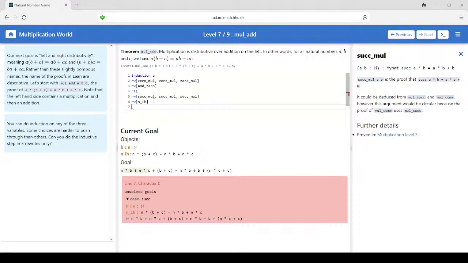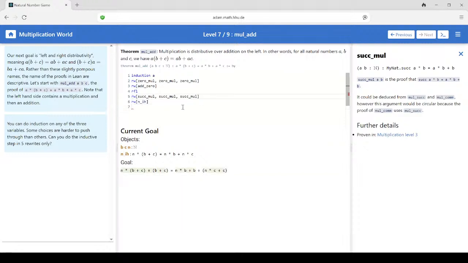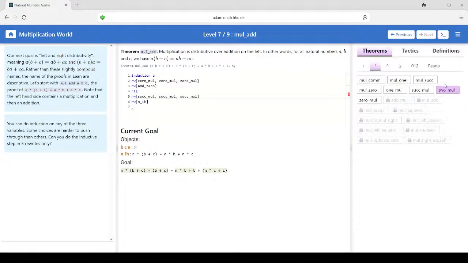I got to the point where I could use this, so that feels like I'm on the right track. But now I don't have any idea what to do. B plus C plus B plus C. N times C plus C. What can I use?